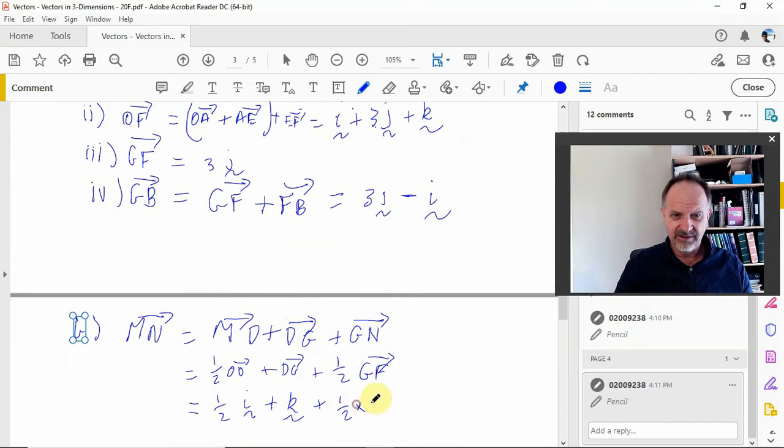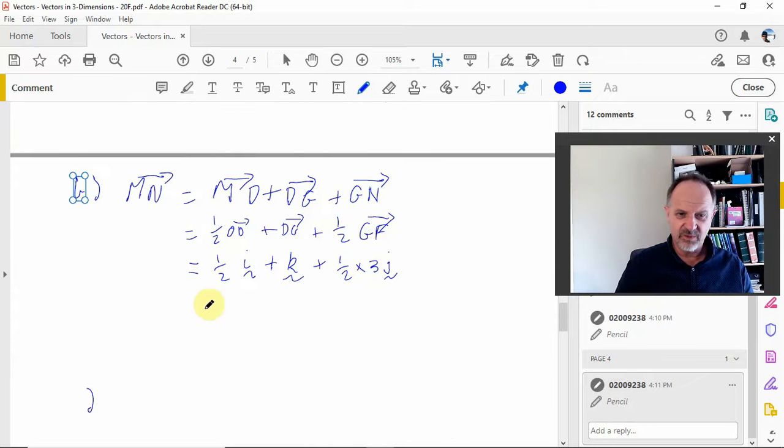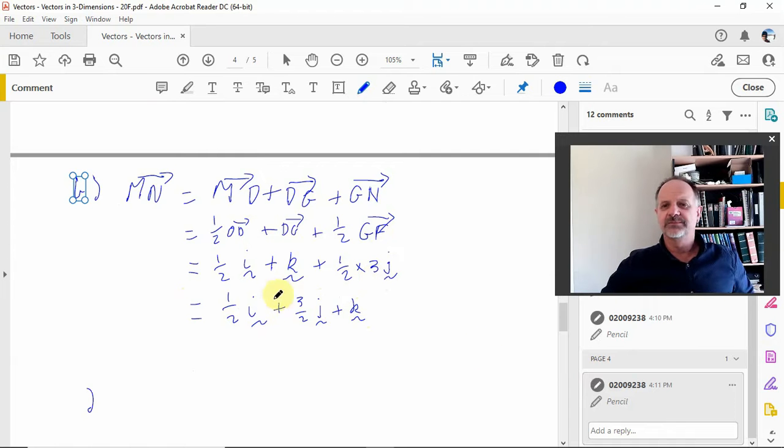It's a half of 3J. So if you like, you can neaten all of that up and say that's a half I plus 3 on 2J plus K. And there it is.